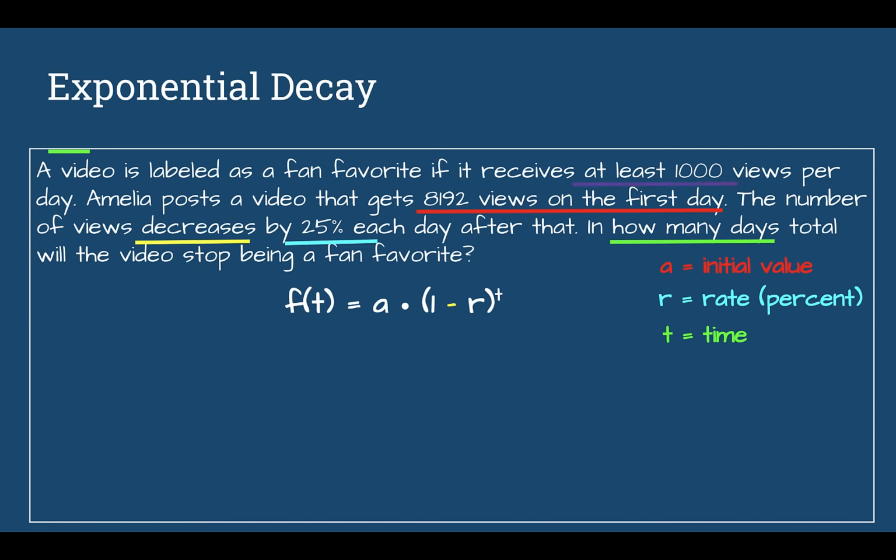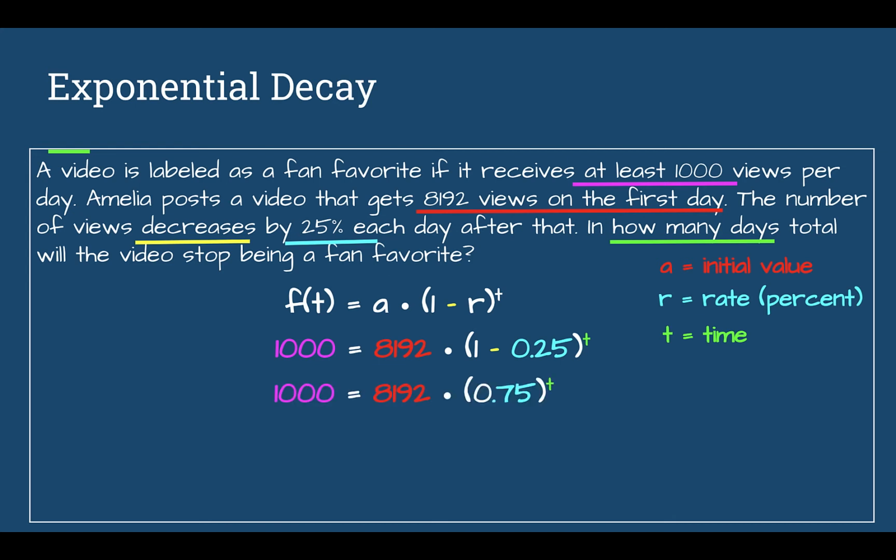It does tell us that the total needs to be at least 1,000. So if we plug in what we know, the total is 1,000, the start value is 8,192, and our rate is 25%, 0.25. We need to figure out when it's going to get to 1,000.